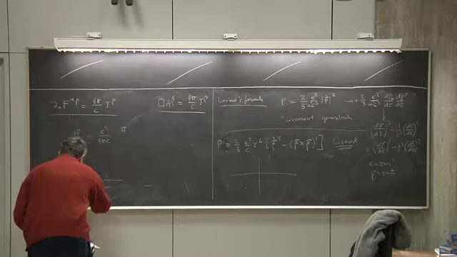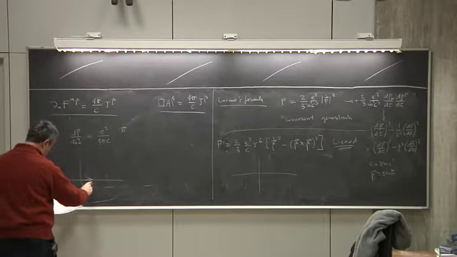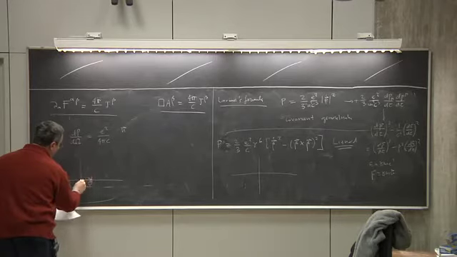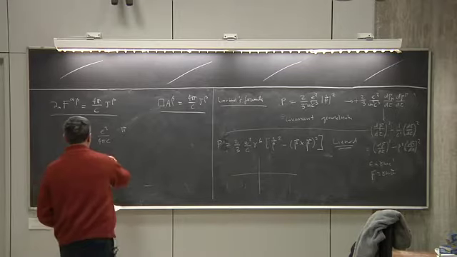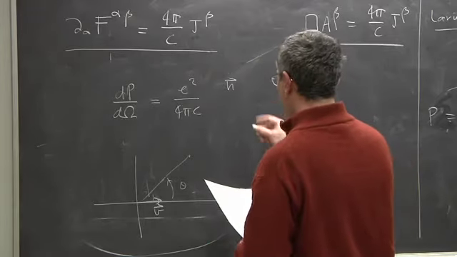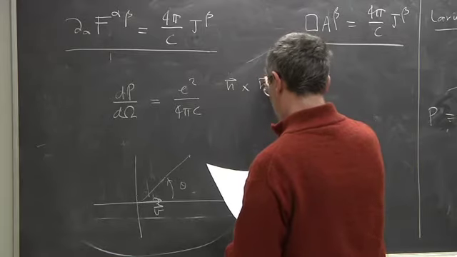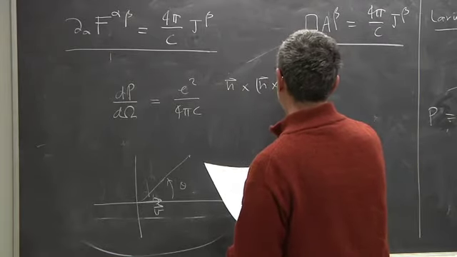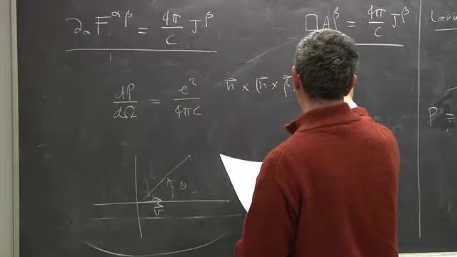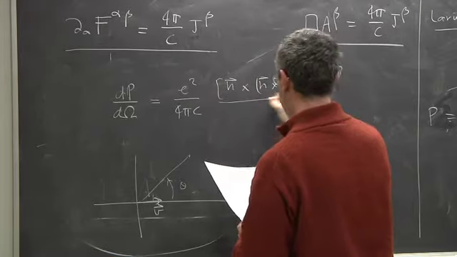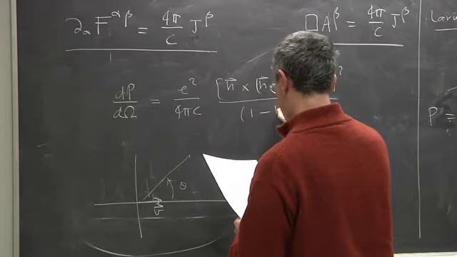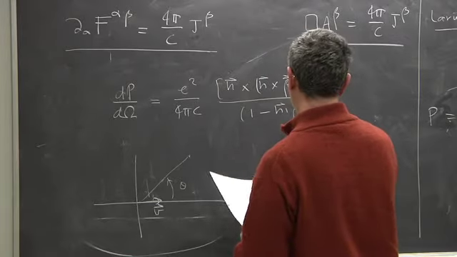this electron is moving in this direction, okay, and this n is pointing where you are looking. So there is some angle theta, and it is something like this. Beta is v over c, square, 1 minus n dot beta to the fifth.